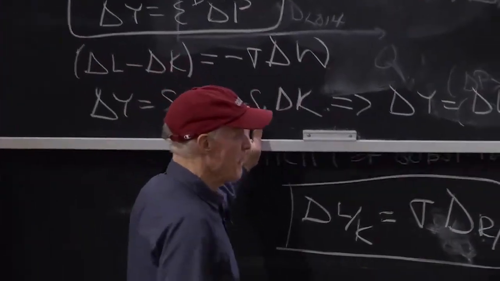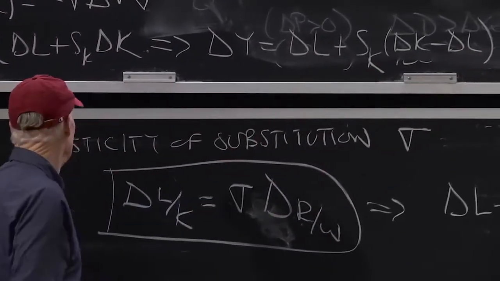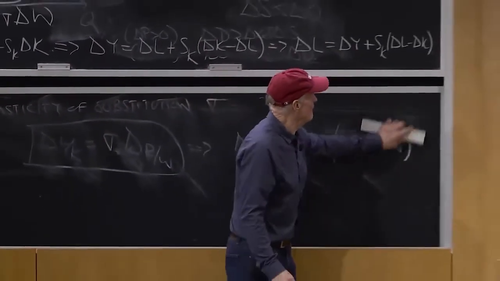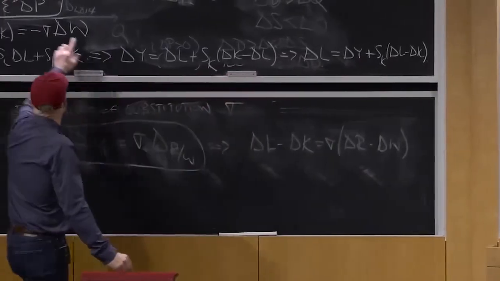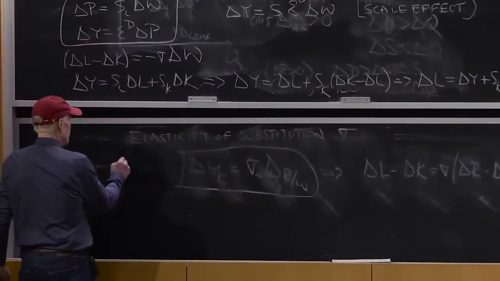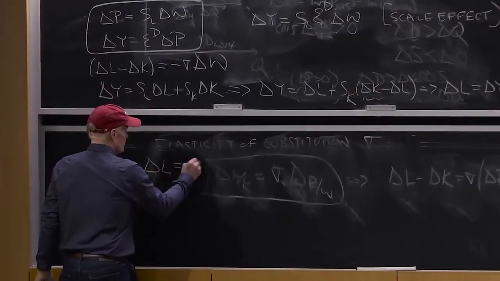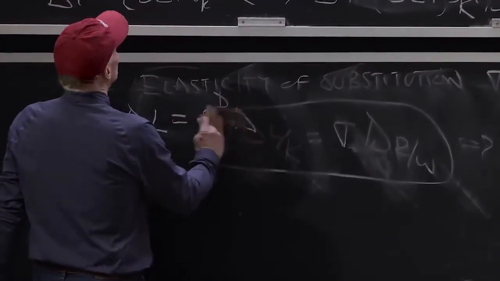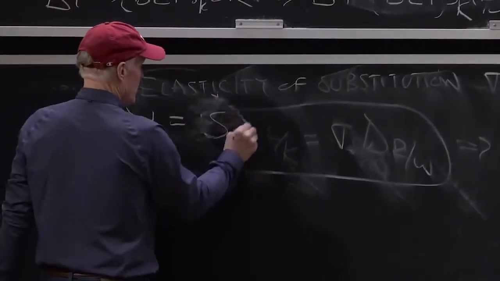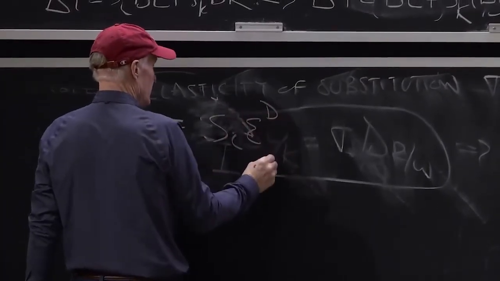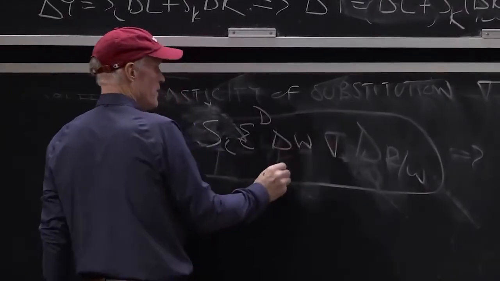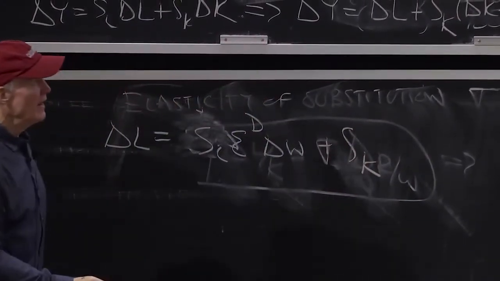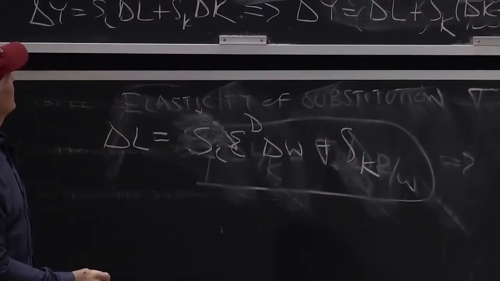Okay? And what is delta Y? Well, we already determined delta Y right here. So I get delta L equals SL epsilon D delta W plus SK times delta L minus delta K, which is what?